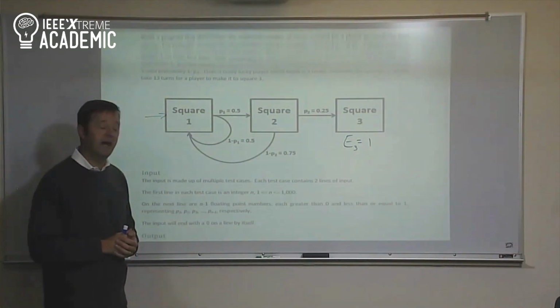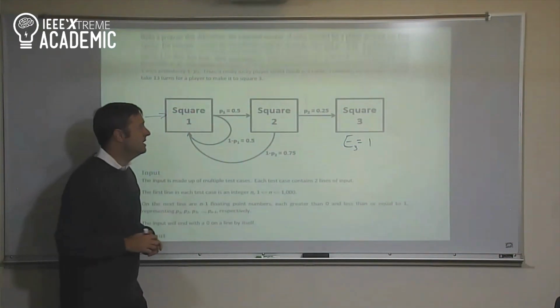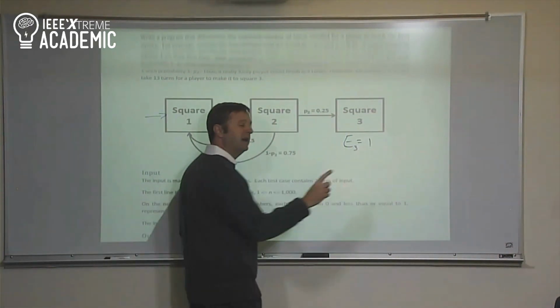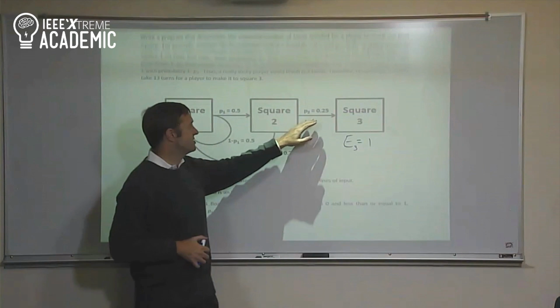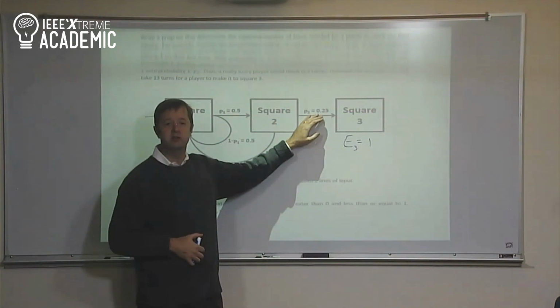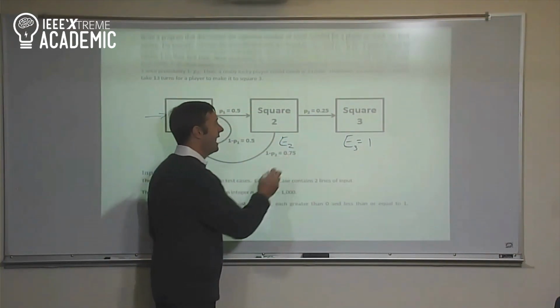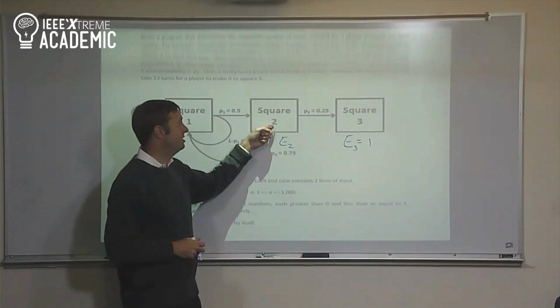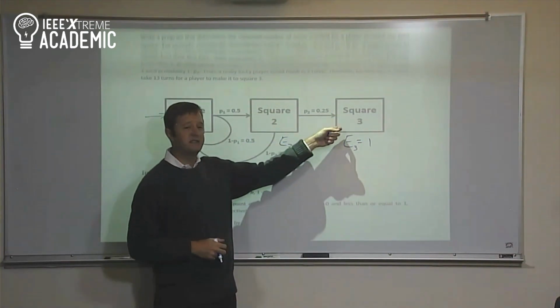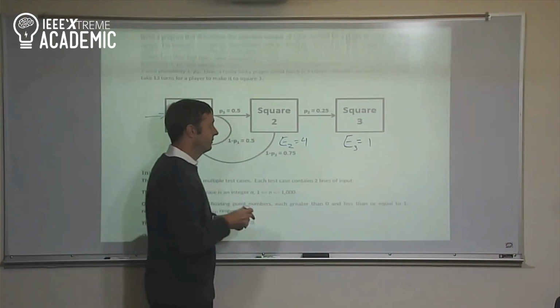Now if we go back to the square before it, since we have to land in square 3 exactly once, and the probability to get from square 2 to square 3 is 0.25, we would expect that the number of times that we end up in square 2 in order to get to square 3 one time would be 4.